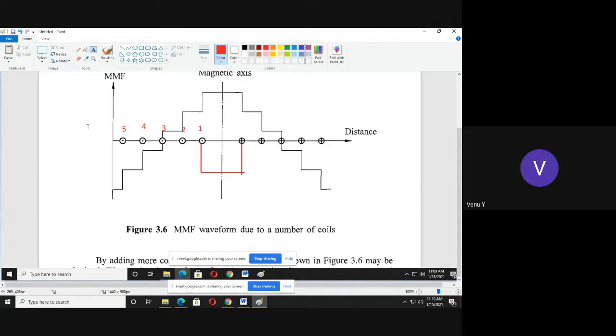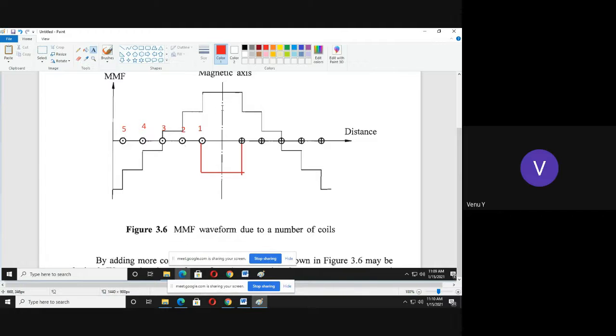So then each turn will have some EMF which can be accumulated in the coil. This is one turn, second turn, third turn, and so on.